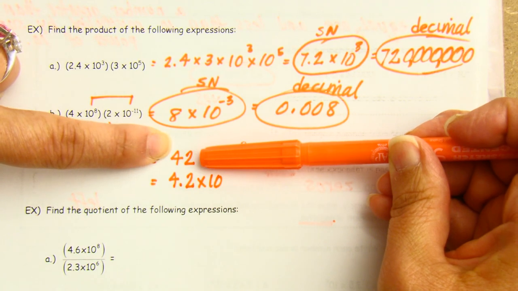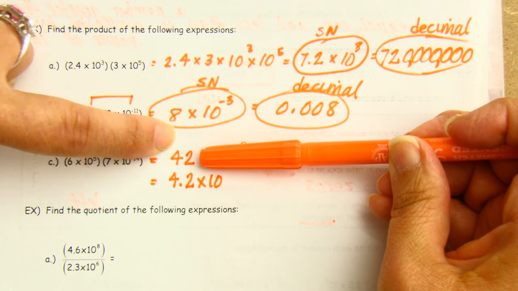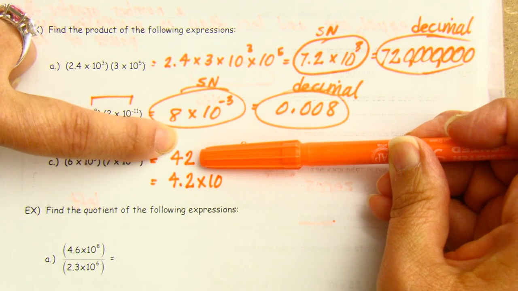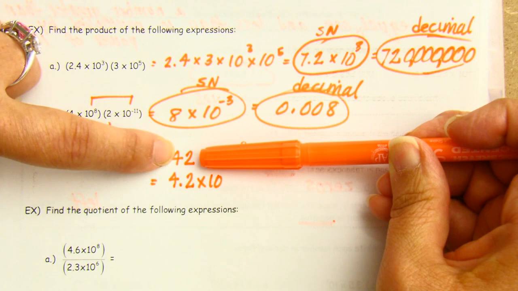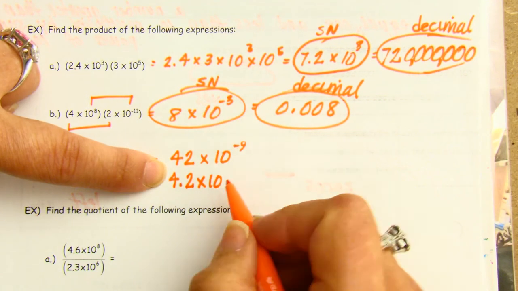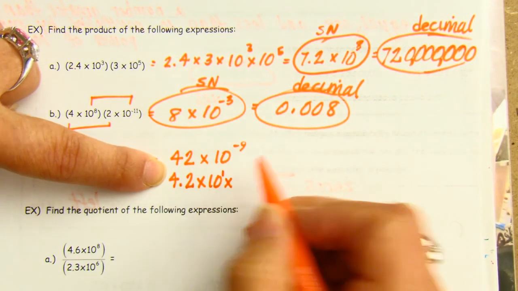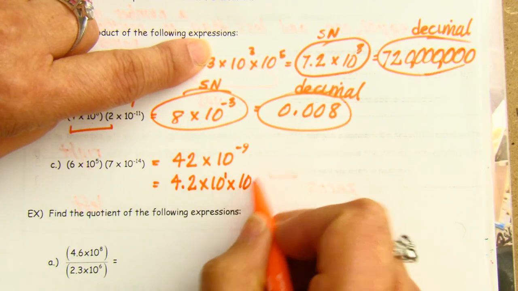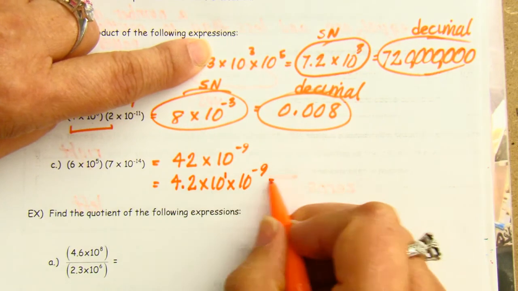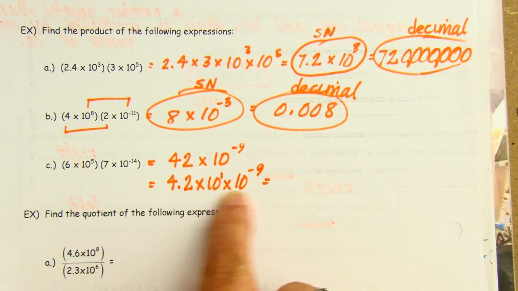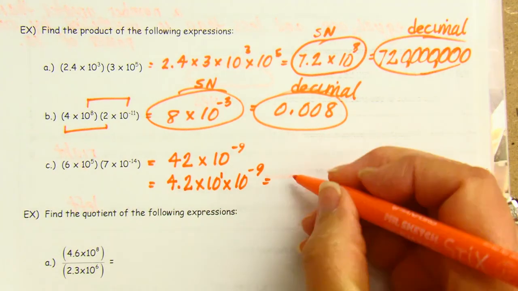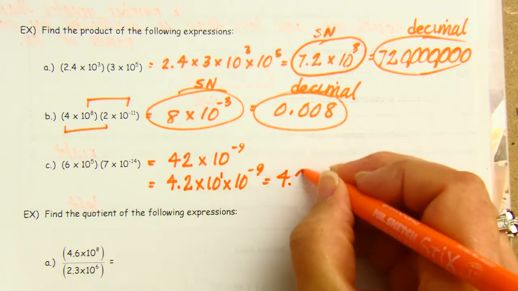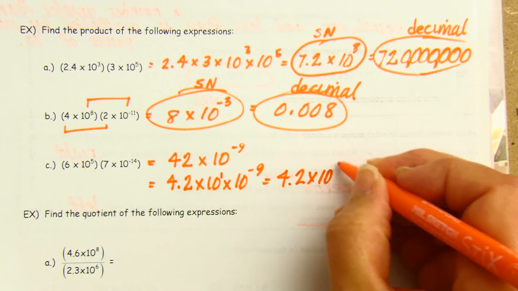It's a number bigger than 10, so the exponent has to be positive. 42 is really 4.2 times 10 to the power of 1. And then I'm going to bring this down times 10 to the power of negative 9. Now I have to put these together. Remember, same base, different exponent, you're going to add the exponents. So this becomes 4.2 times 10 to the power of negative 8.